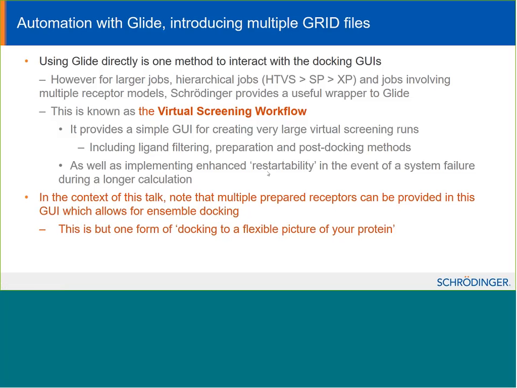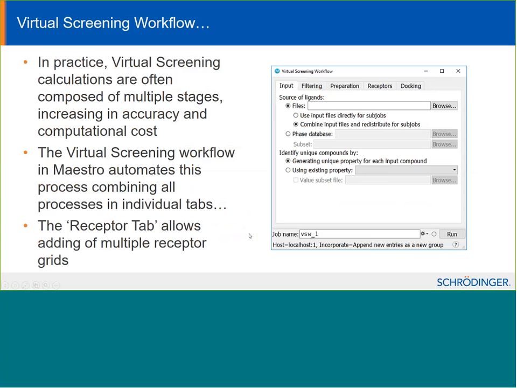So in the context of this talk, I'd like to say that this is a very useful workflow for including multiple prepared receptors to the interface to perform ensemble docking. And this gives you multiple sort of images of the way that your protein can be flexible in the face of screening multiple ligands. So here's an image of the screenshot of the interface.